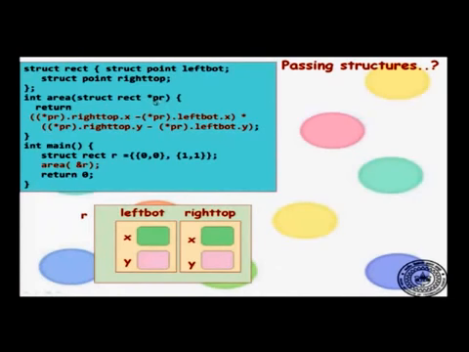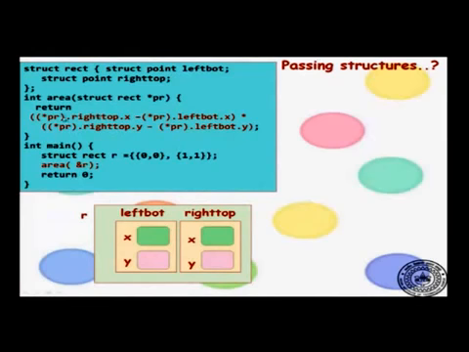So, if you want to declare a variable which is a pointer to a structure, you would define struct rect star pr. So, pr is a pointer to struct rectangle. Now how would you pass the argument? You would say address of the rectangle R. So, you would say area and the parameter is address of R.